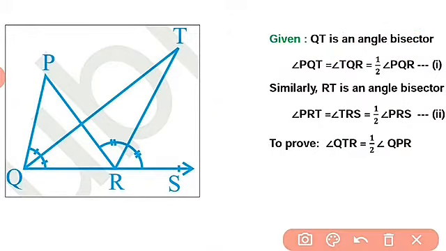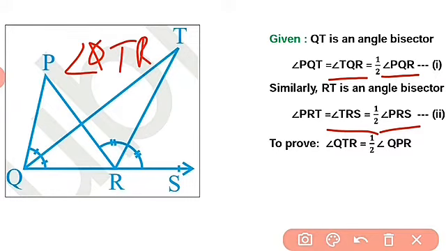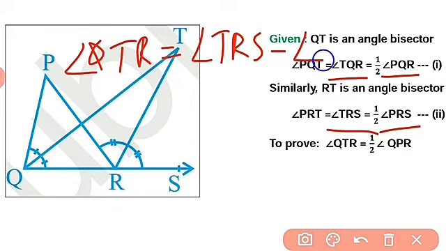So from here we can see that TQR is equal to half of PQR and TRS is equal to half of PRS. We can substitute the values in angle QTR, which was equal to angle TRS minus angle TQR. So what is angle TRS?